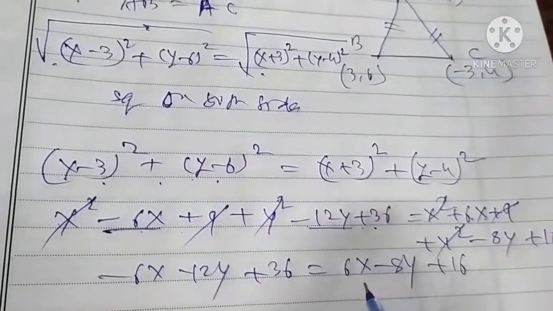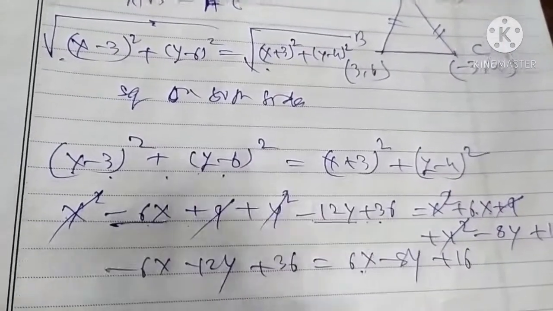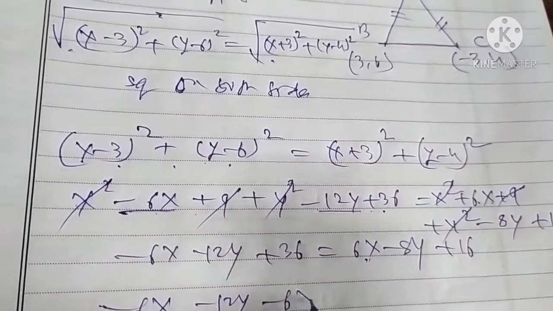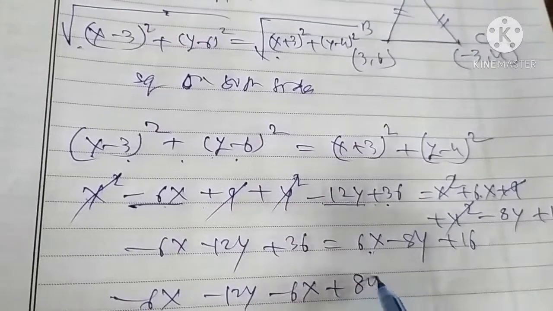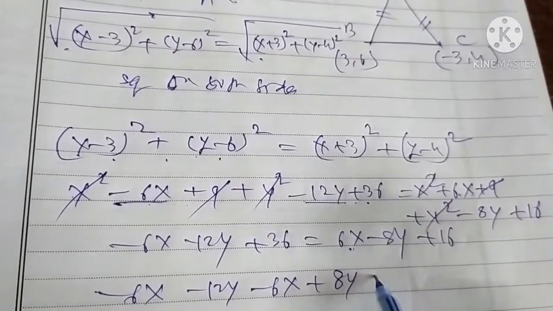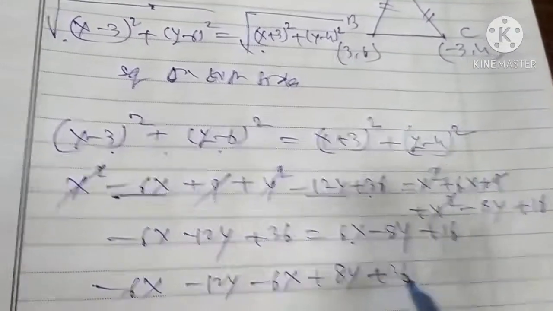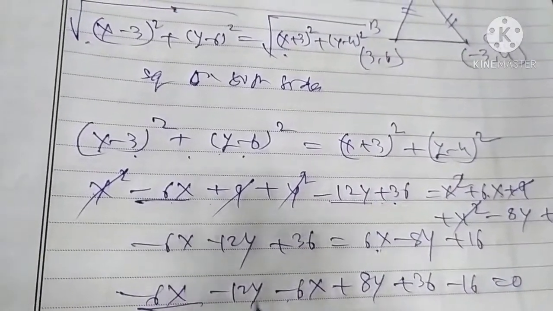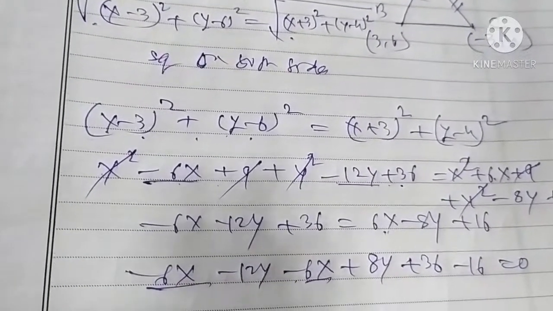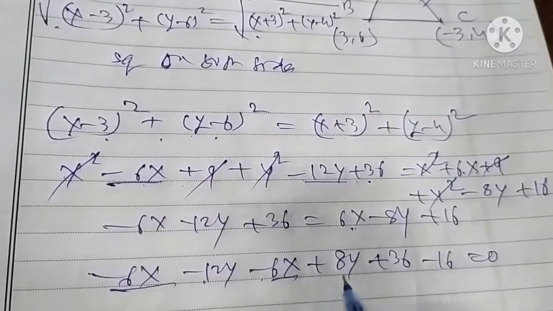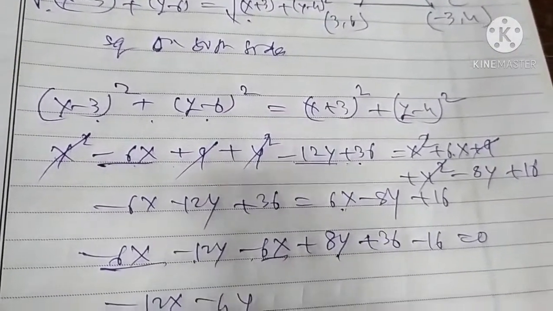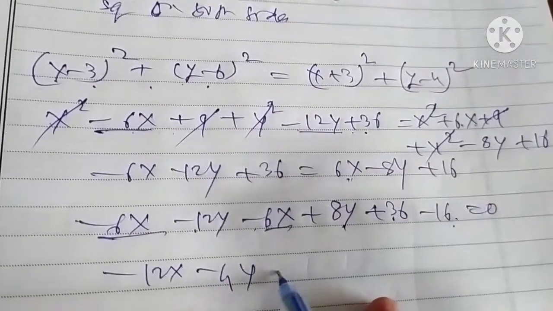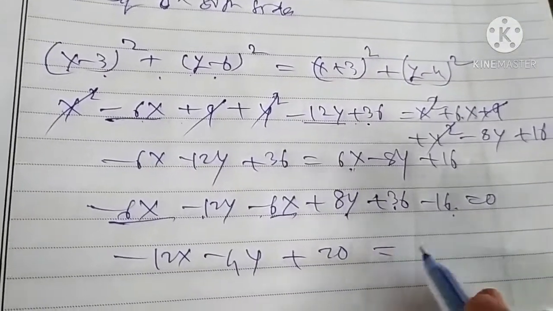Now please bring this term to this side: minus 6x minus 12y minus 6x plus 8y, plus 36 minus 16 equal to 0. Now you got minus 12x minus 4y, and 36 minus 16 is 20, equal to 0.